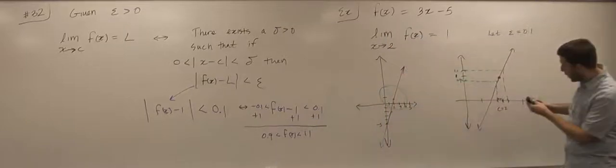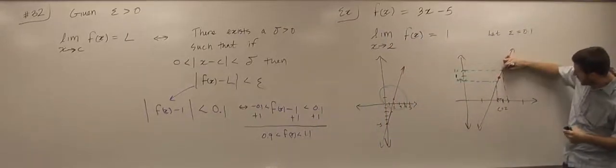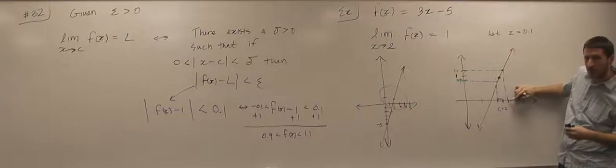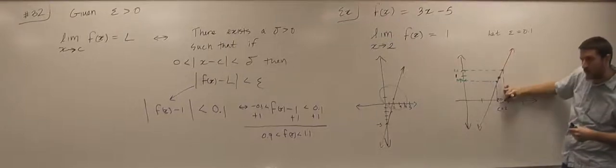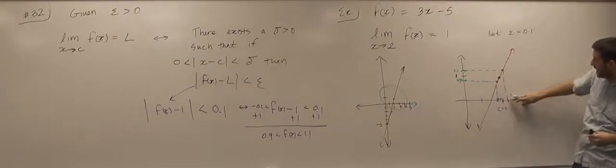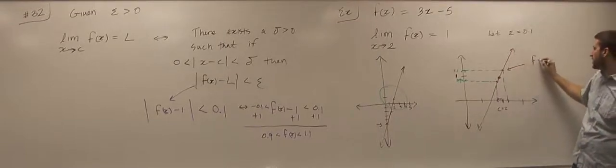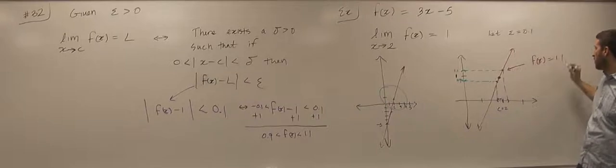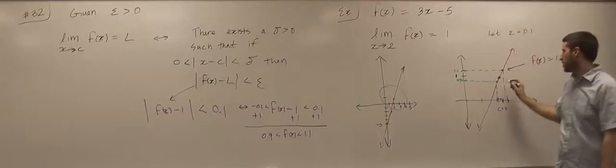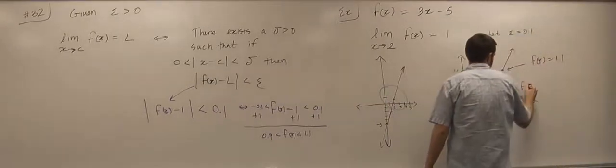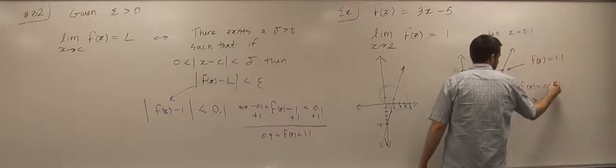One way to figure out what this point is, because this point is going to tell me how far I can go on the right, and this point is going to tell me how far I can go on the left. So to find these x values, you can say, let me set f of x equal to 1.1. And here you can set f of x equal to 0.9.